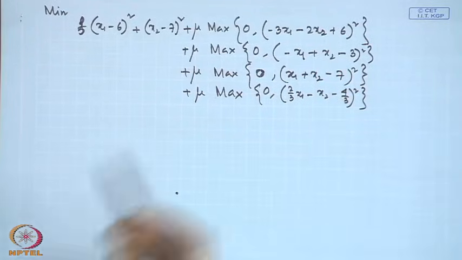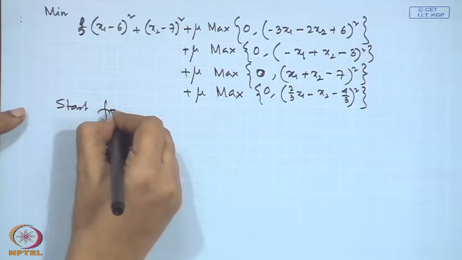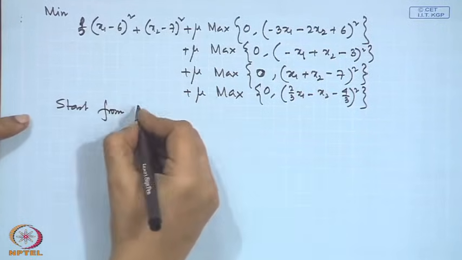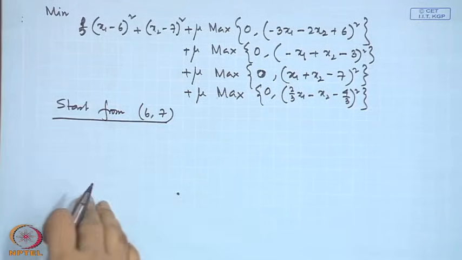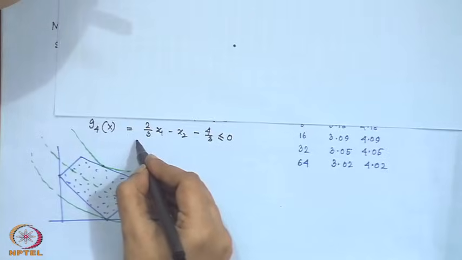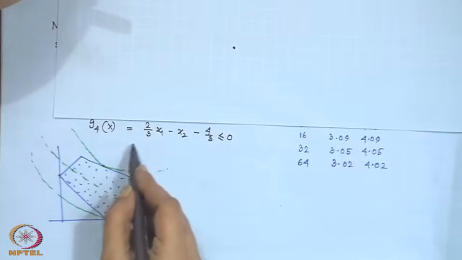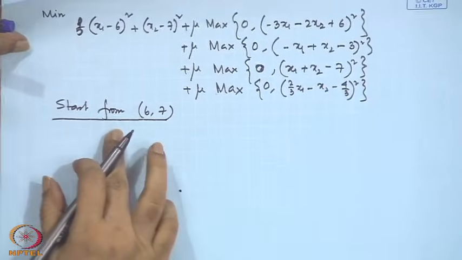That is why we will start from a point, let me consider (6, 7), that is the infeasible point. If we just see the feasible space, (6, 7) is far away from here, that is why (6, 7) is the infeasible point.